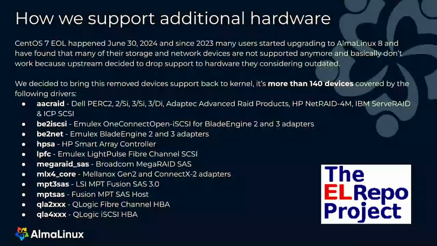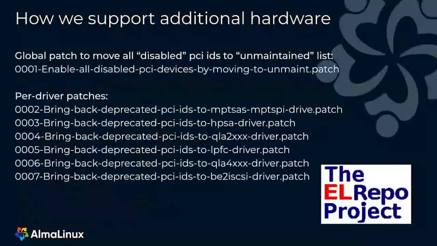For this list of drivers, they don't bring any code, don't update any code, and don't build anything weird. They just use the same driver code that is already in the Red Hat kernel and unlock some drivers inside of it. That's why we just merged this work into our distribution. There are two types of patches to make it.